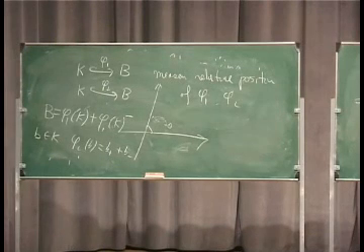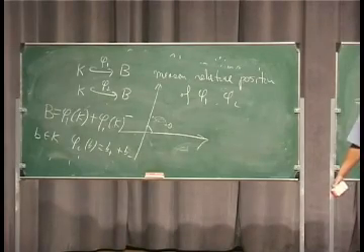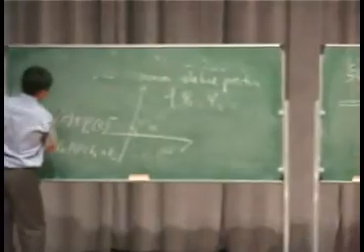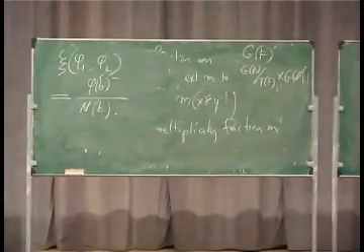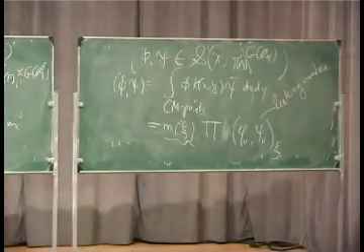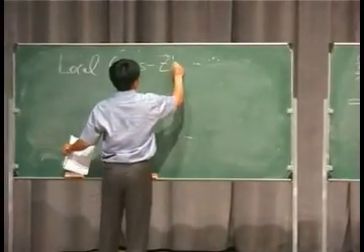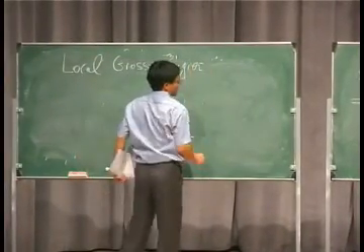So we decompose the height pairing. In other words, the crux of the matter is that in the height pairing, something also appears in the κC. So this is the local Gross-Zagier formula, which I will have to define.